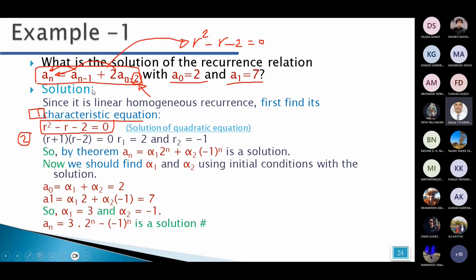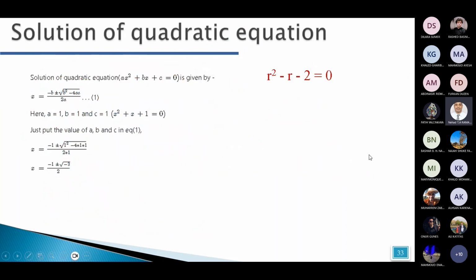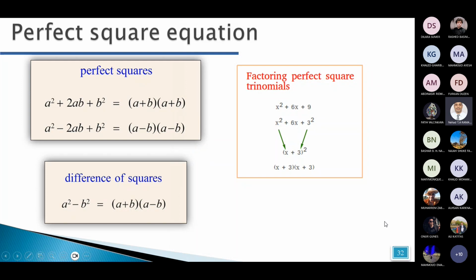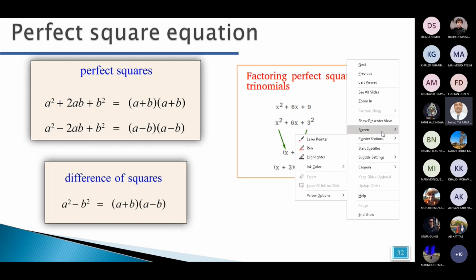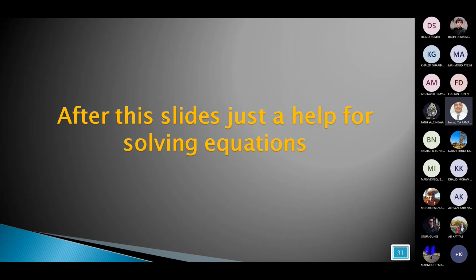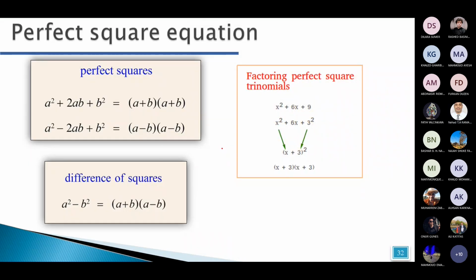It's in the slides itself, showing how to solve it. So from this slide 31 until the end, it's only how to solve the equation that you already learned in school, just as a review.